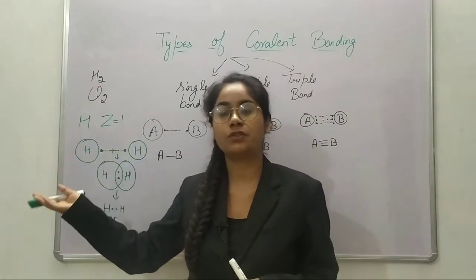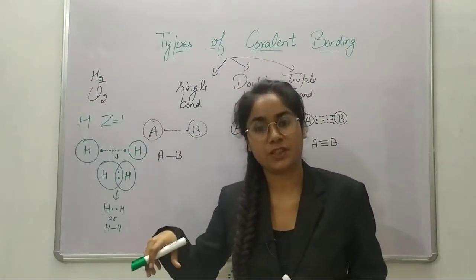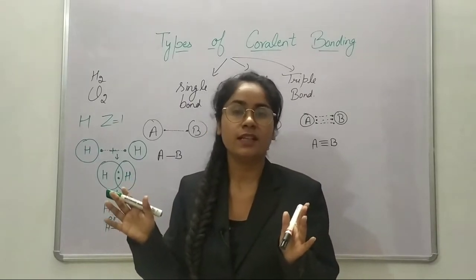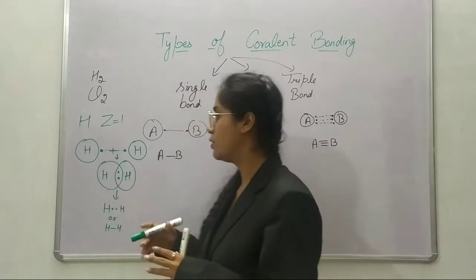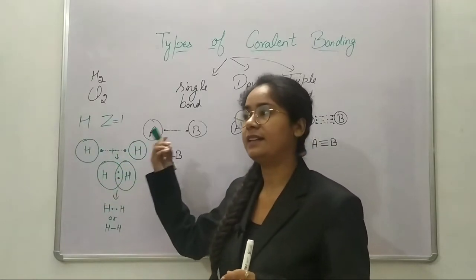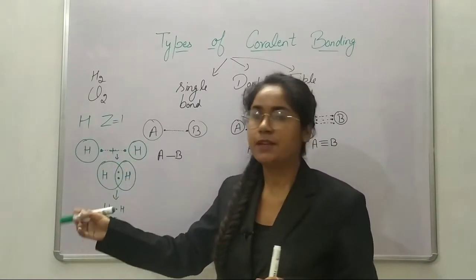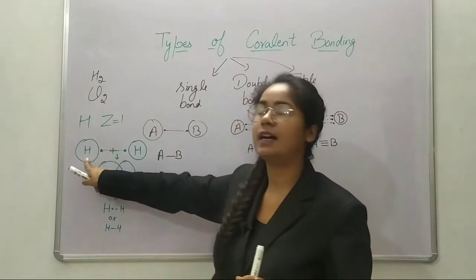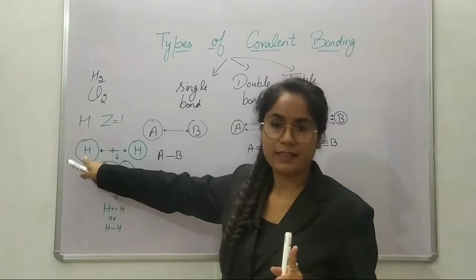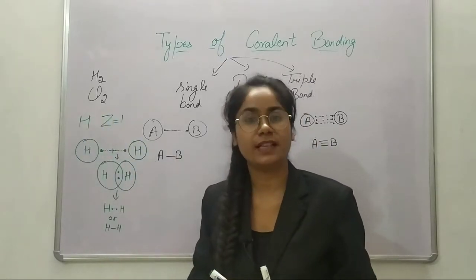If there is a third electron, then we will have to make another shell. This is the rule for the electronic configuration and arrangement of electrons in an atom. So it has only one electron in its outermost shell, and that electron shows its valency. So since hydrogen has valency 1, it is known as monovalent.